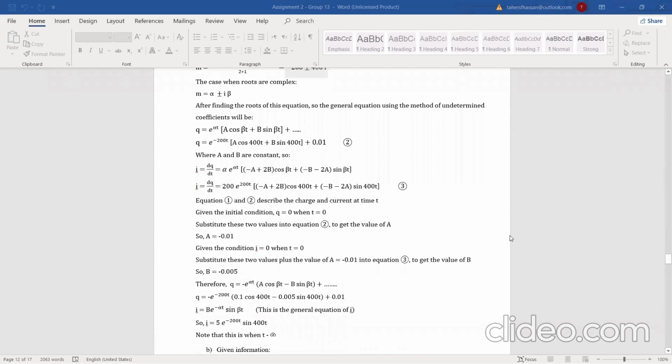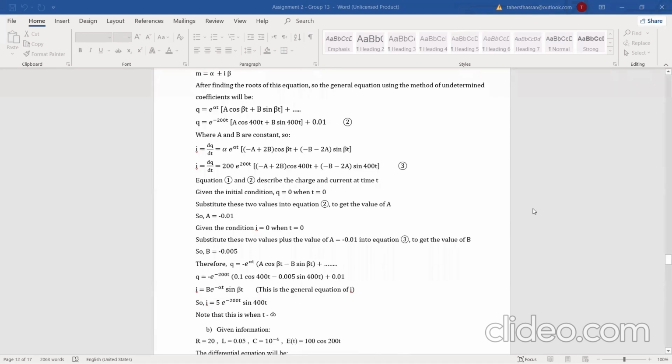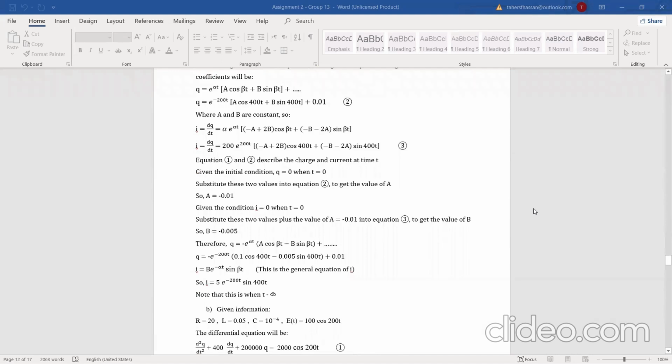Equations 1 and 2 describe the charge and current at time t. Given the initial condition Q equals 0 when t equals 0, we substitute these two values into equation 2 to get the value of A. So A is equal to negative 0.01. And then given the condition I equals 0 when t equals 0, we substitute these two values plus A equals negative 0.01 into equation 3 to get the value of B. So B is equal to negative 0.005.